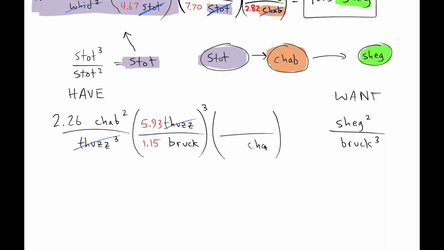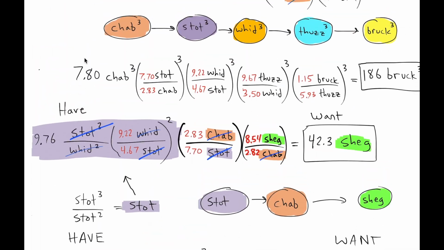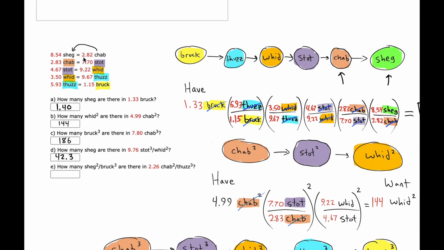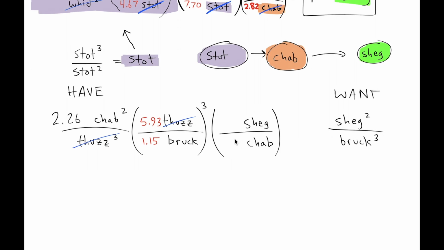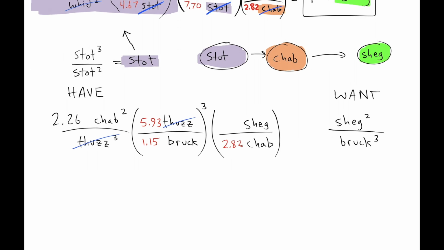So let's put the chab down below and the sheg above. 2.82 goes with 8.54. We're going to need to square this conversion factor so that we cancel both the chabs there, and that should do it. Now we'll have sheg squared on top, and we'll have bruck cubed on bottom.